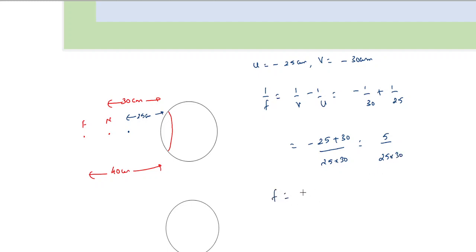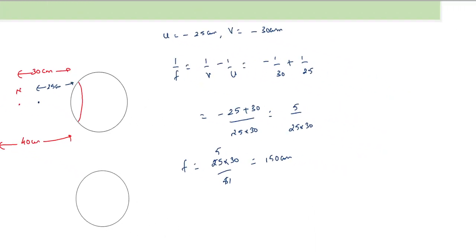So F is equal to 25 into 30 by 5, that is 150 centimeter. So it's a convex lens.